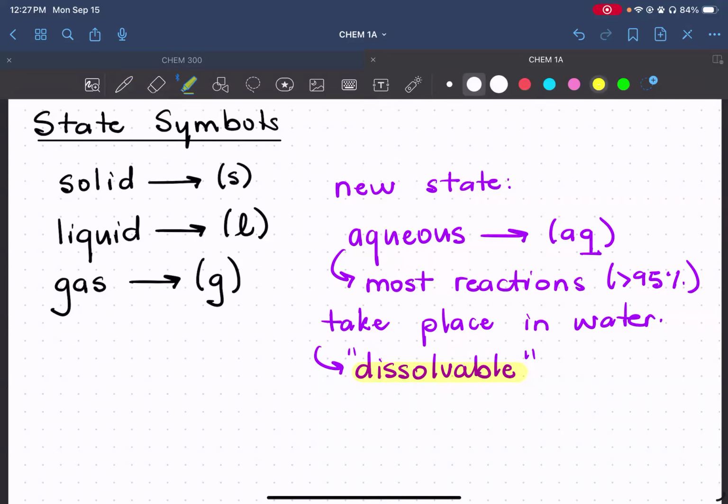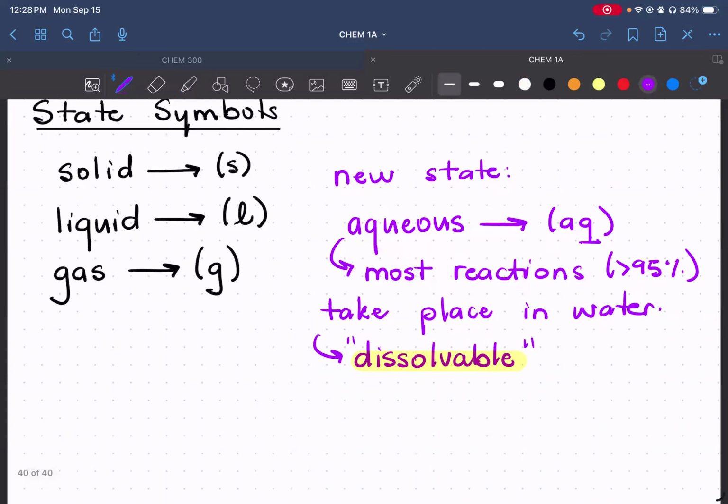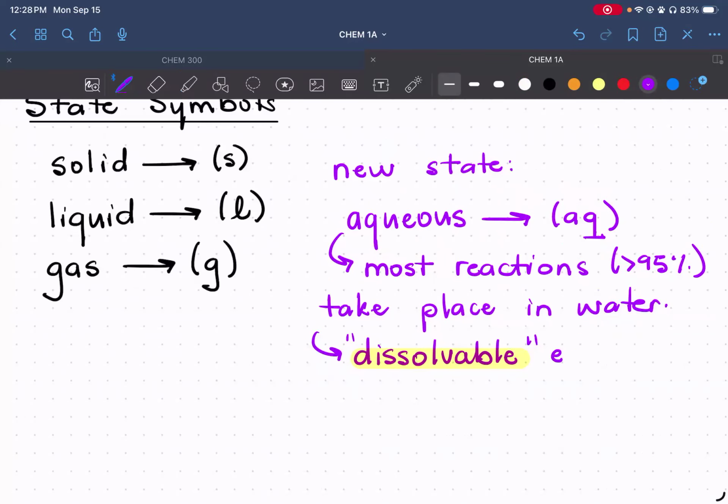In other words, if a chemical is dissolvable in water, it is given the state aqueous. An example of this is table salt, sodium chloride. Although table salt is itself these small solid particles, table salt is dissolvable in water and is hence given the symbol AQ.